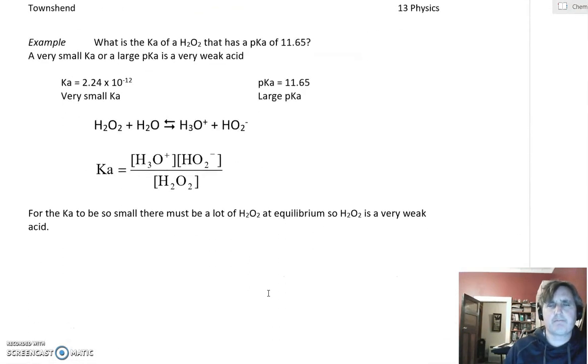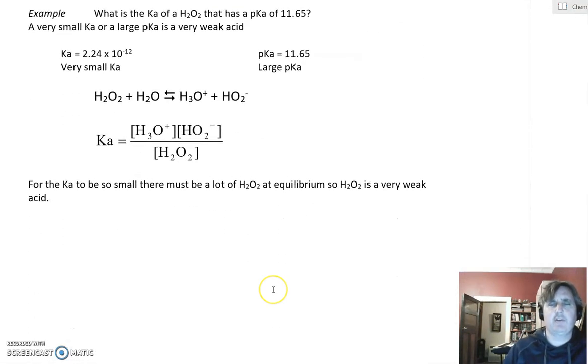So here's another example, but not so straightforward. If I had, in this case, some hydrogen peroxide, now we know it's an oxidizing agent, but it can also behave as a weak acid. Now it has a very small Ka, but when I write it as a pKa, it gets to be a larger value, which is 11.65. So the larger the pKa, the more of a weak acid it is.